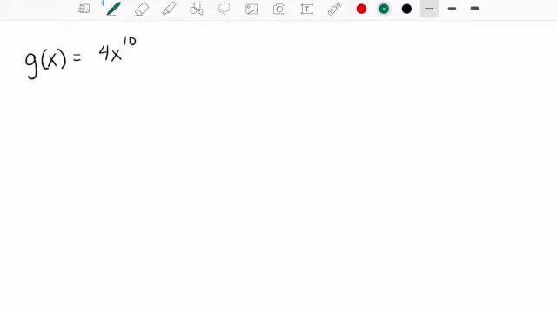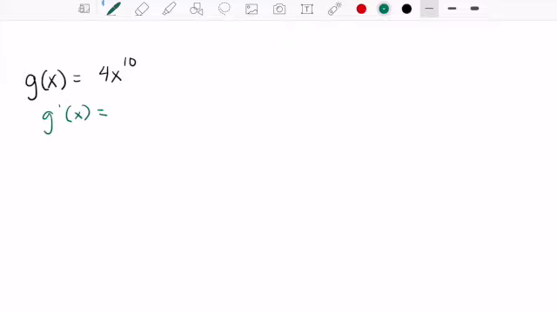So our first problem that we're going to look at is g of x equals 4x to the 10th power. So this is about as basic as we can really get with the power rule. When I want to take the derivative of this, we're just going to say g prime of x equals, well, our exponent's going to come down and multiply to the coefficient of our variable, and then our exponent is going to decrease by 1.